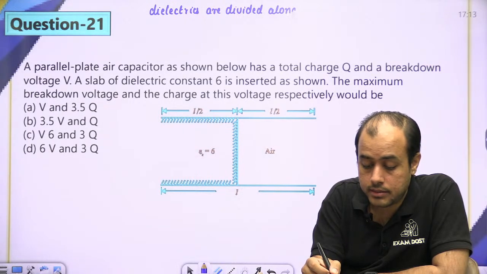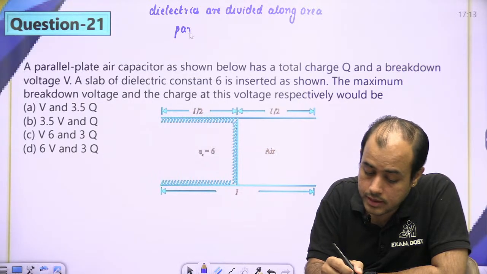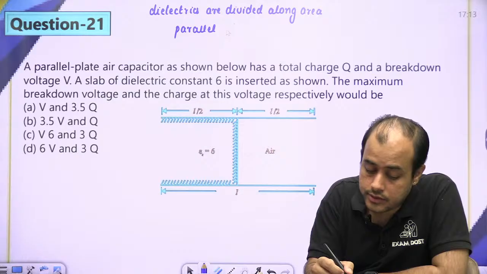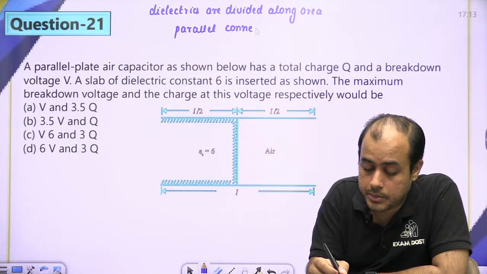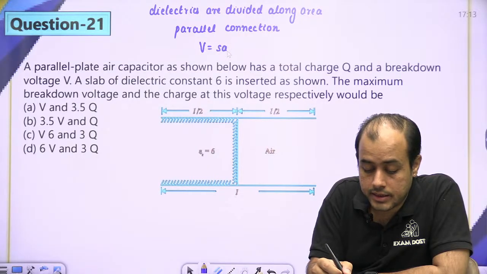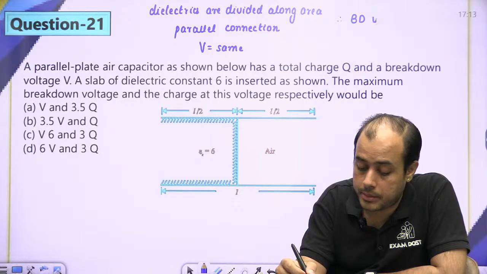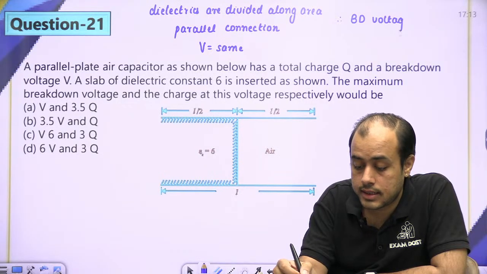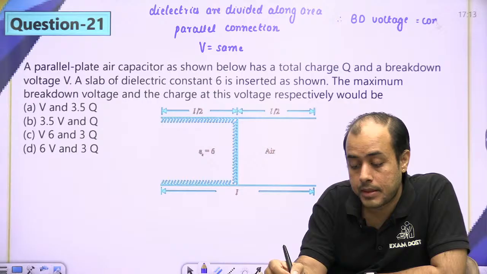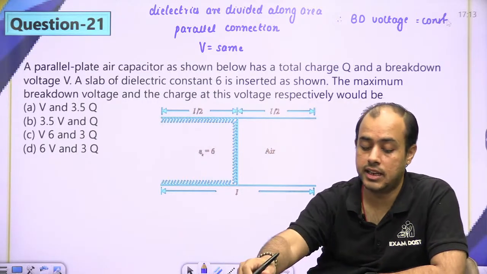What does this mean? This means parallel connection. In parallel connection, what is the quantity that remains same? Potential difference remains same. Therefore, breakdown voltage will remain same.